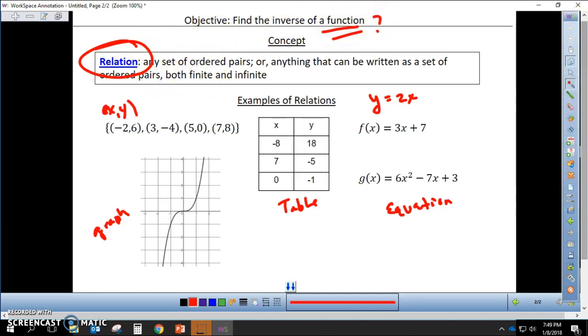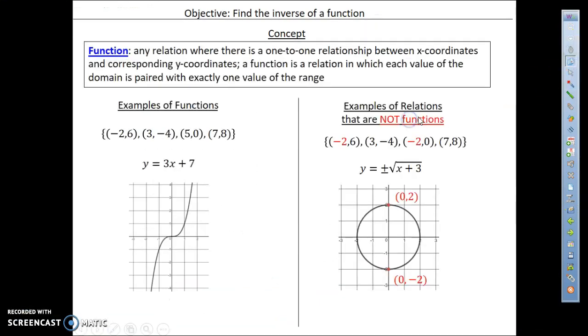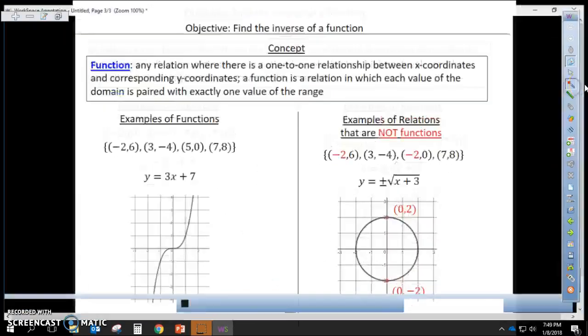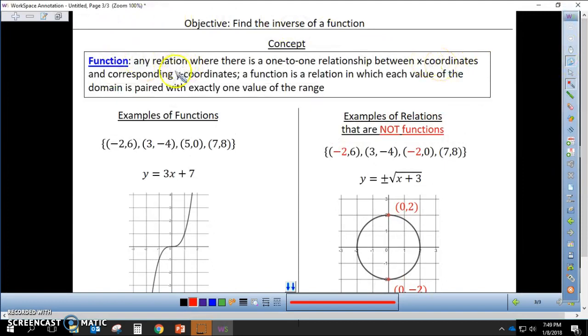Not always. So that brings us to our next definition, and that is a function. This can be kind of tedious, so make sure you read and underline this with me. Any relation where there is a one-to-one relationship between the x-coordinates and the corresponding y-coordinates.